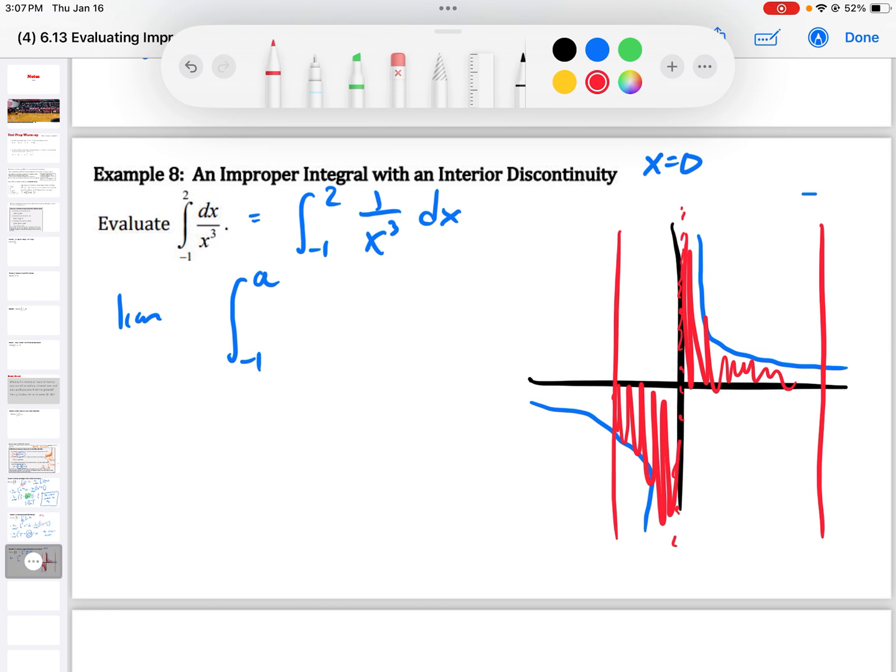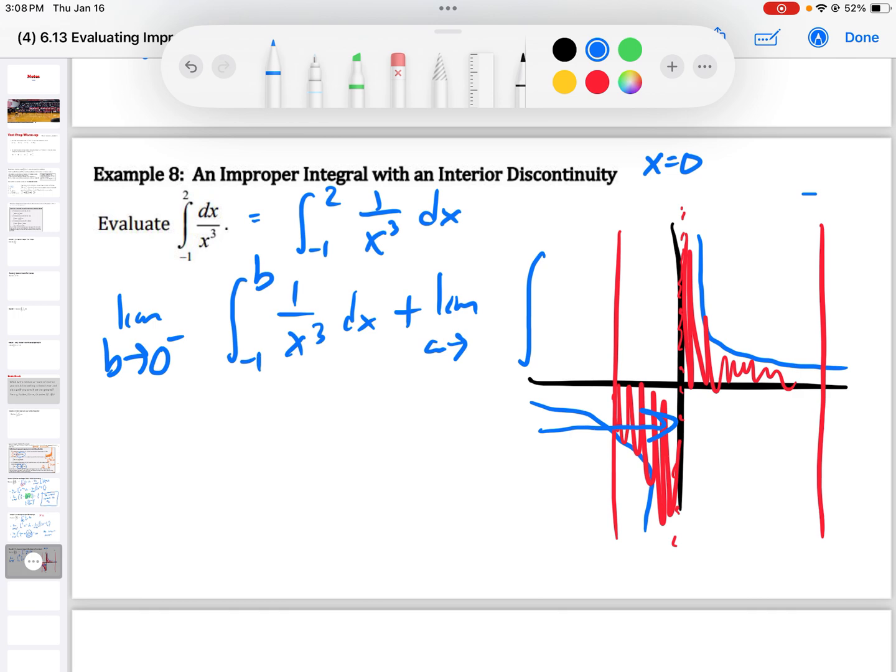So the limit would be from negative 1 up to b. Let's call it b. The limit as b approaches 0, and I'm approaching 0 from the left, of 1 over x cubed dx. And I'm going to add that to the limit as b approaches 0, the same number, right?